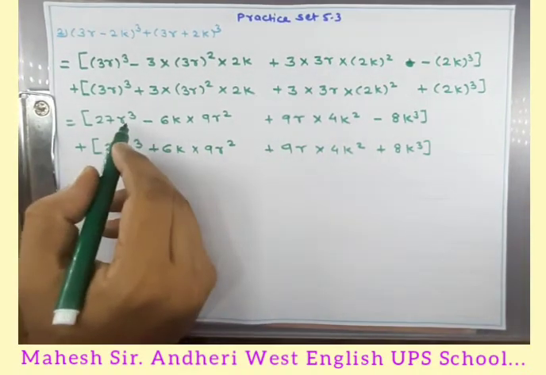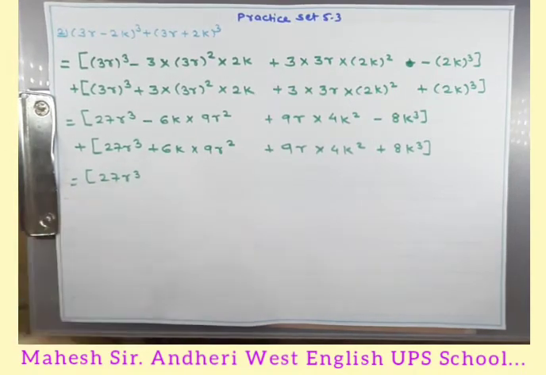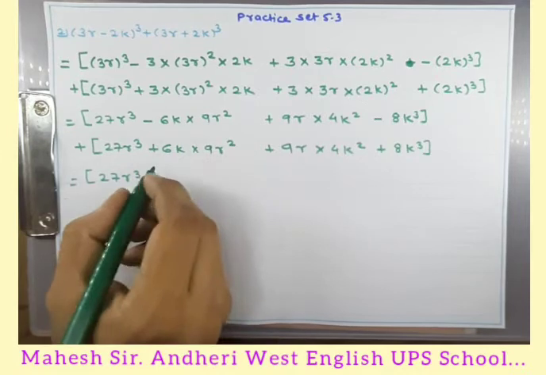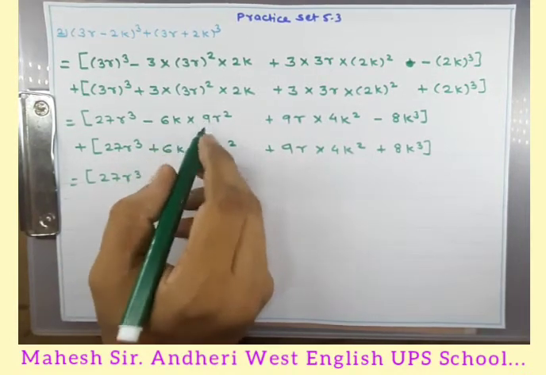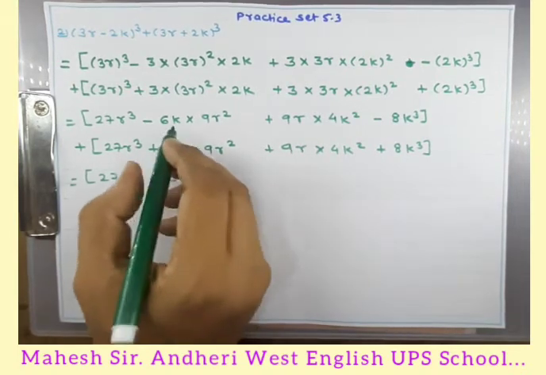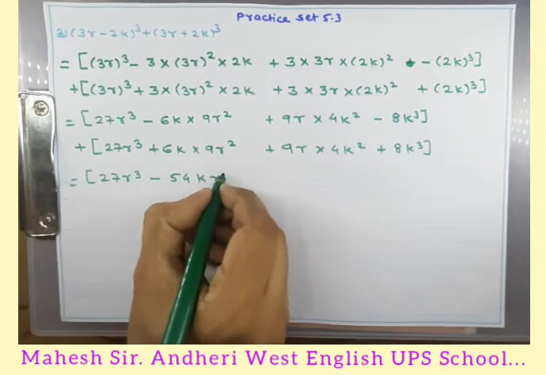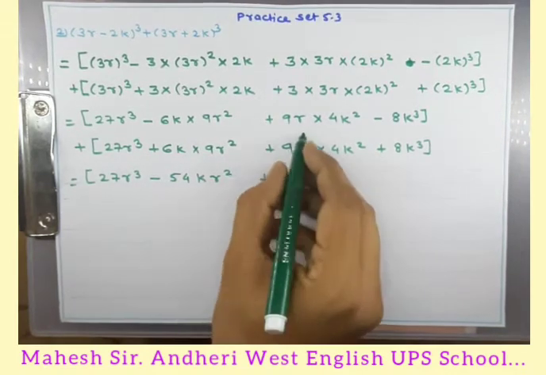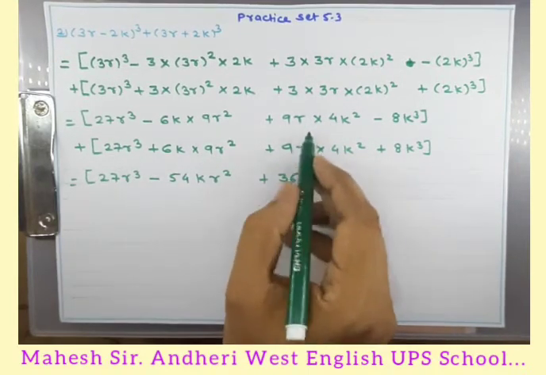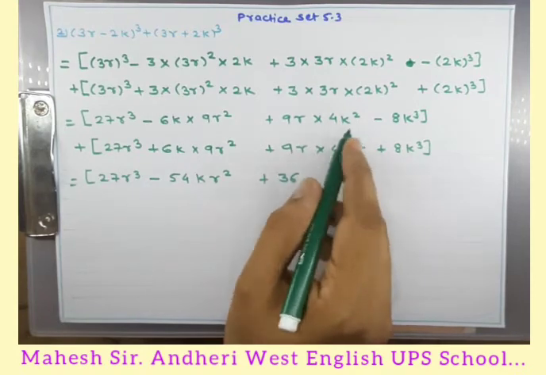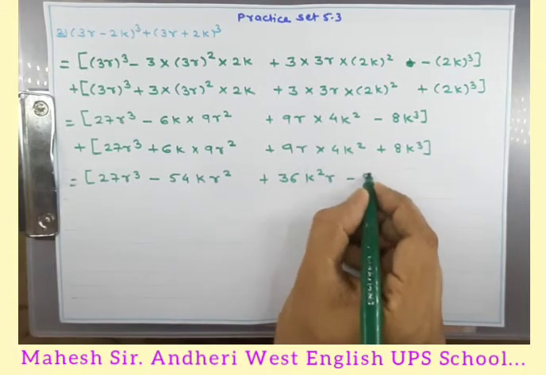Right now we will multiply this. 27r cube we will write the same, minus: 6 nines are 54, and then k and r square. Alphabetically k comes first, so I will write k and then r square. Then plus, we multiply: 9 fours are 36, and r and k square is there, so I will write k square r, and then minus 8k cube.